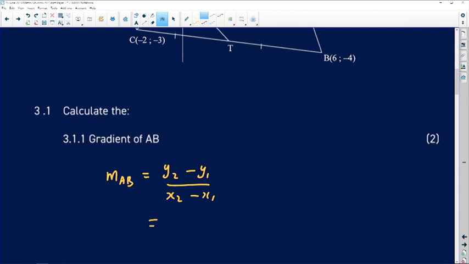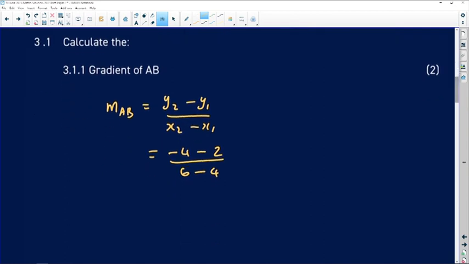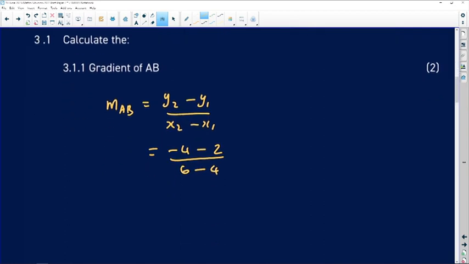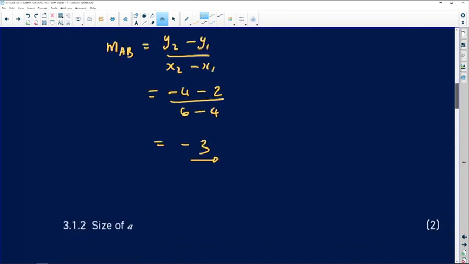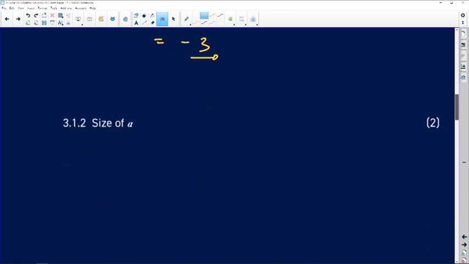So we have (-4 - 2) divided by (6 - 4). Working that out, we're looking at -6 divided by 2, which gives us a gradient value of -3.